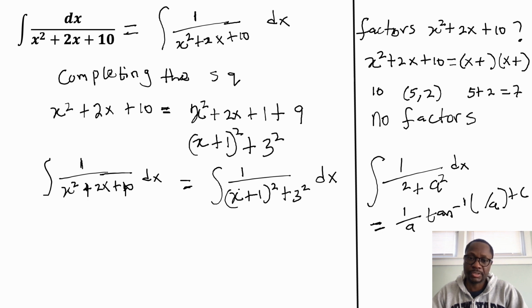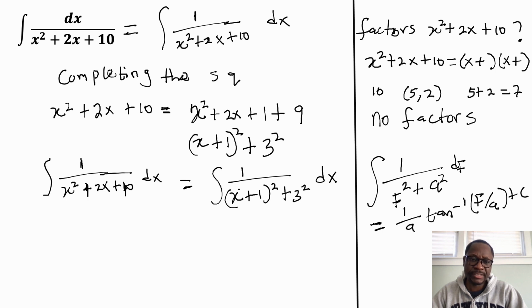Let me just use f, which is not a good choice, but so yeah, when you have 1 divided by f squared plus a squared, a being a constant, f being a variable, df, then you can use this.